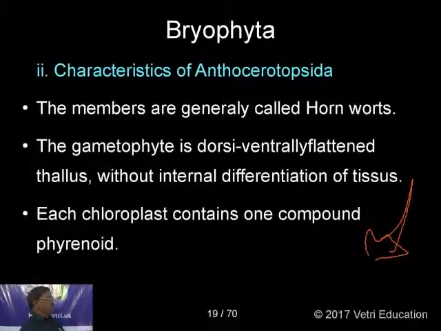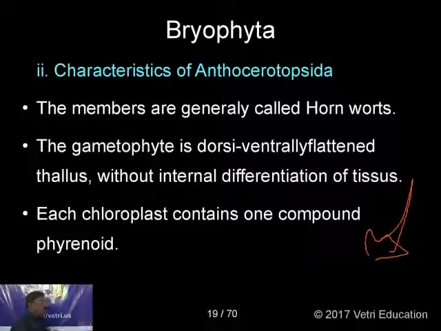The gametophyte is a dorsiventrally flattened thallus without internal differentiation of tissues. In the previous class, Hepaticopsida, the thallus is differentiated into a dorsal photosynthetic region and a ventral storage region. Whereas here there is no differentiation, you can find similar cells.